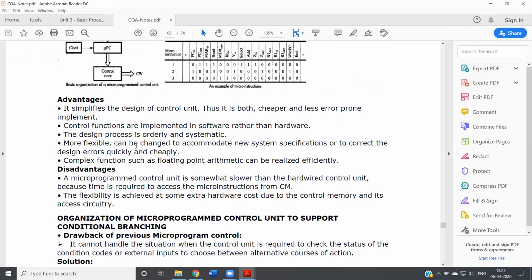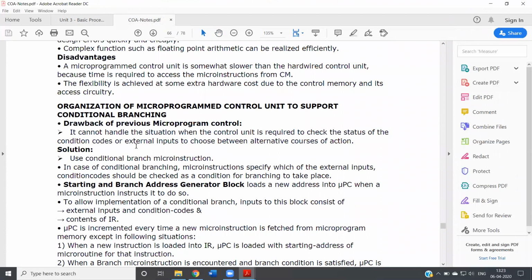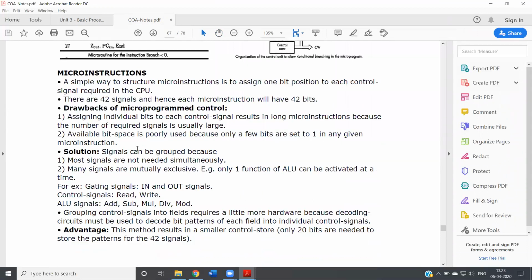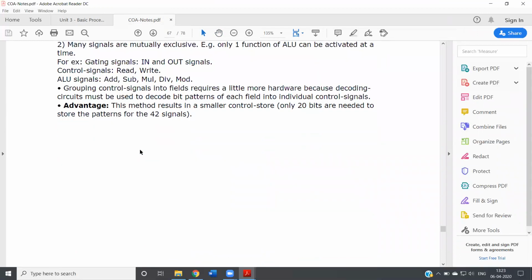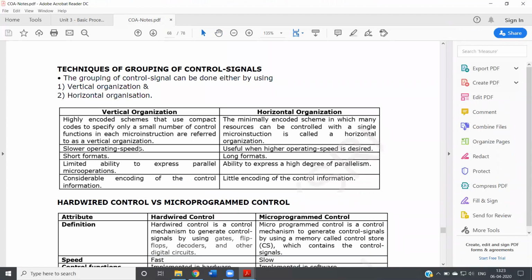There are some advantages and disadvantages of the microprogram control unit, as I told you. There are two different techniques for grouping the control signals: vertical organization or horizontal organization of these micro instructions.